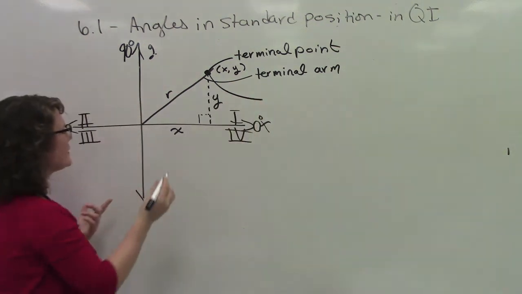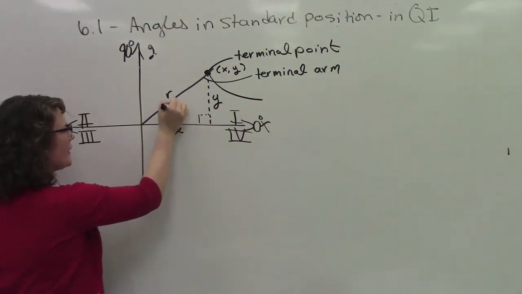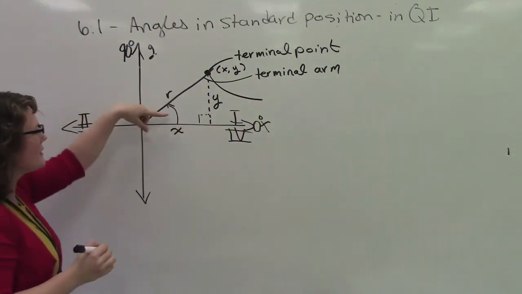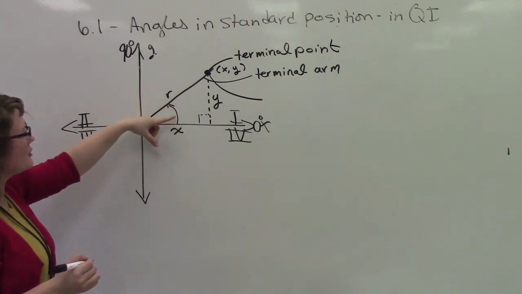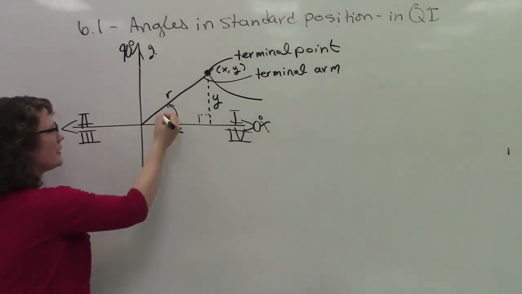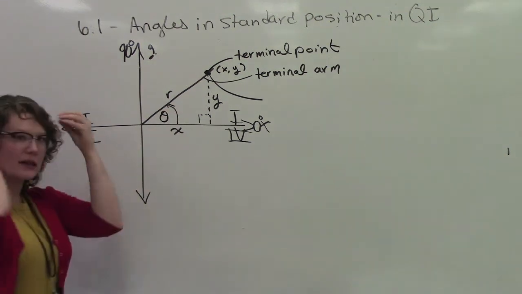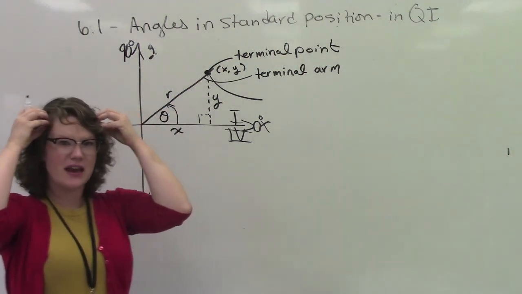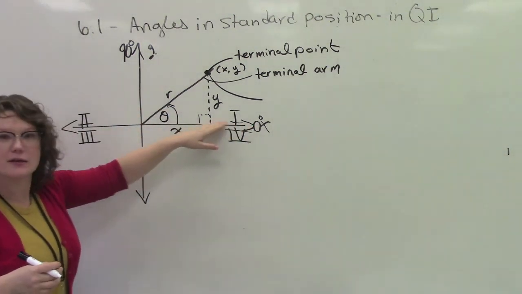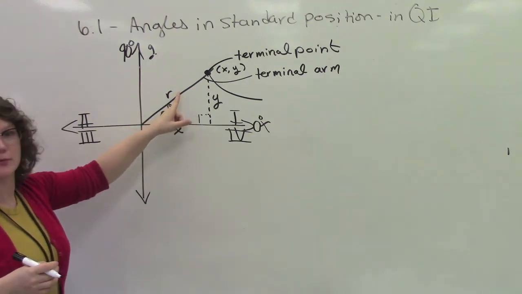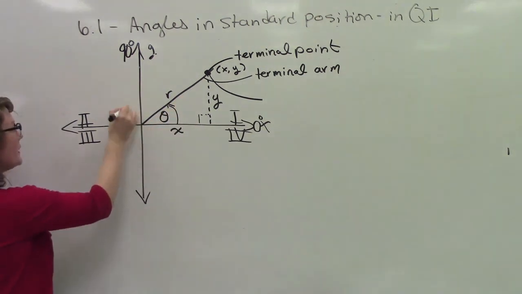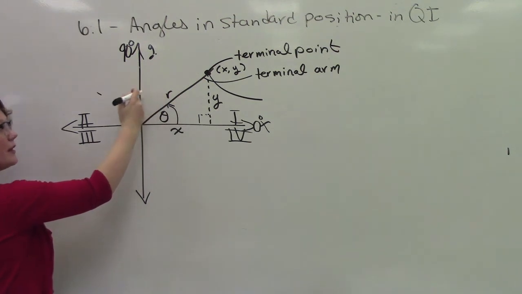Oh, I need to say something. So this right here is our theta, okay? Usually what you'll see is just a little burr like that, just without the arrow, but I like putting the arrow in because it really solidifies in our mind that theta is this 0 point to the terminal arm. The terminal arm can be here, and then this whole thing would be theta.